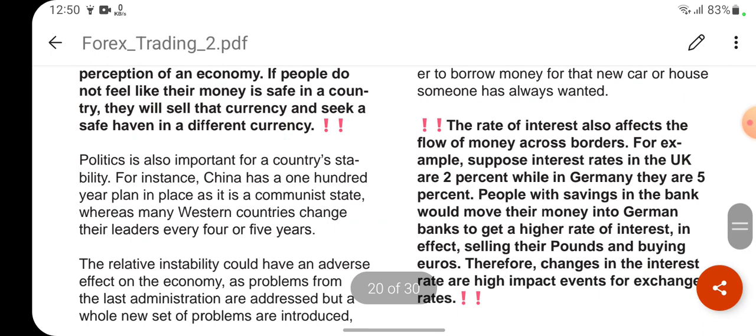The rate of interest also affects the flow of money across borders. For example, suppose interest rates in the UK are 2% while in Germany they are 5%. People with savings in the bank would move their money into German banks to get a higher rate of interest, in effect selling their pounds and buying euros. Therefore, changes in interest rates are high impact events for exchange rates.